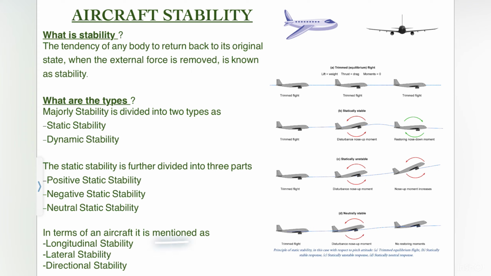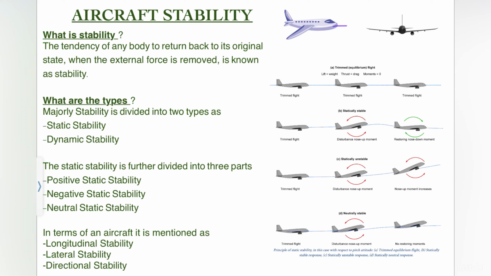Now in terms of an aircraft, we mention longitudinal, lateral and directional stability. Again, longitudinal positive static stability, longitudinal neutral or longitudinal negative. So let's first understand the axes. The aircraft lengthwise is the longitudinal axis. From wing tip to wing tip, in this figure, is the lateral one, and in the vertical direction is the directional axis.